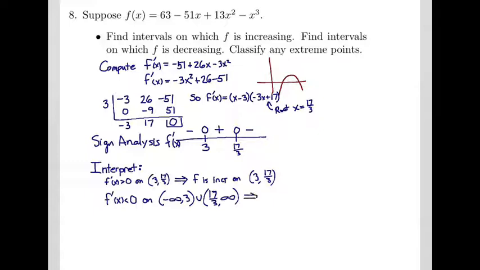This allows me to imply that f is decreasing on each of those intervals, but not the union. So I say it's decreasing on minus infinity to 3 and on, let's put that on a new line, 17/3 to infinity.